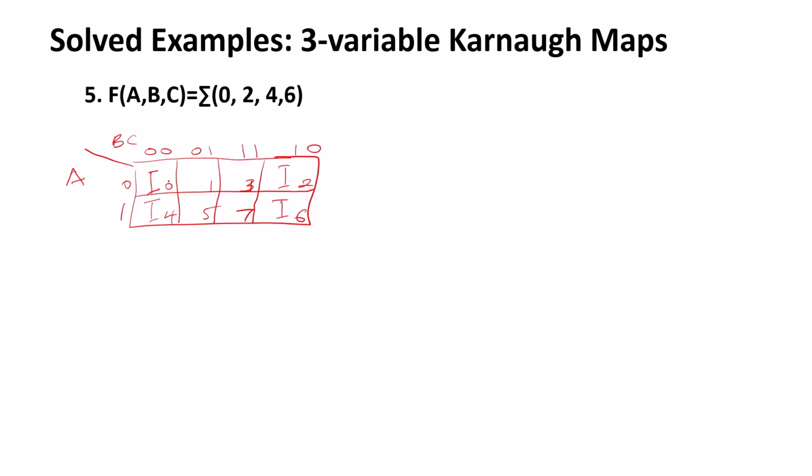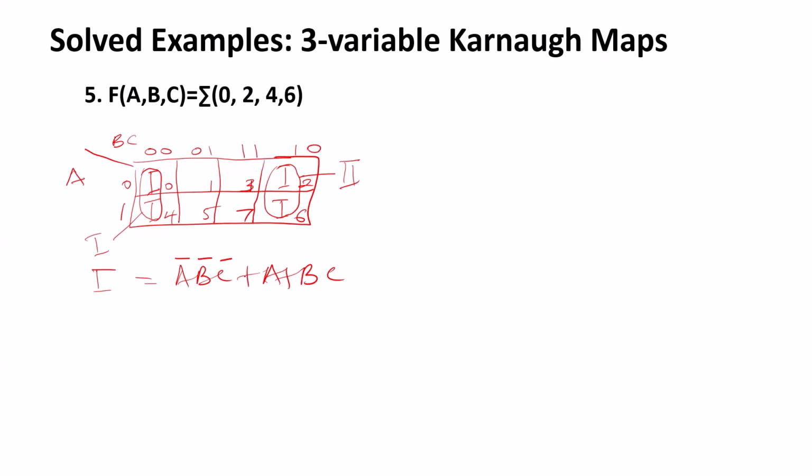So we can solve this by grouping these two at the same time. Call this equation 1. Then we group this one also together. Then we call this equation 2. Then for the first one, it is equal to ABC plus ABC, because A is 0, B is 0, and C is 0.